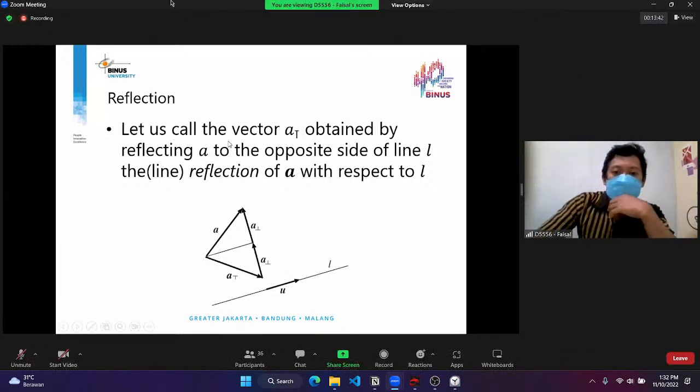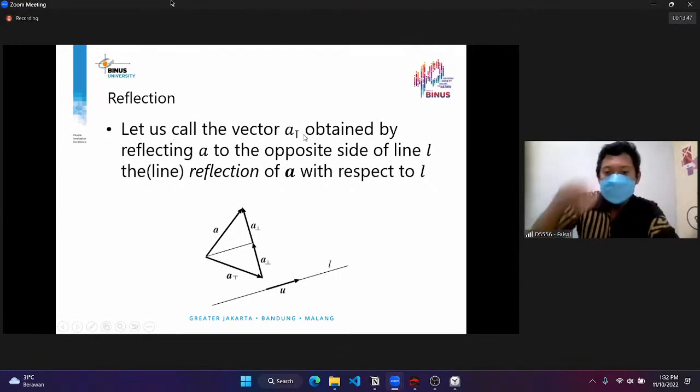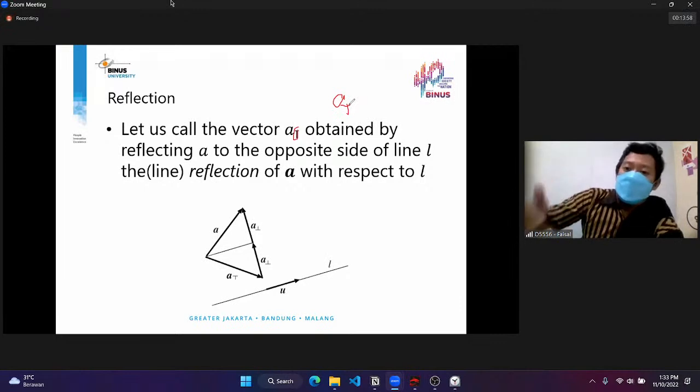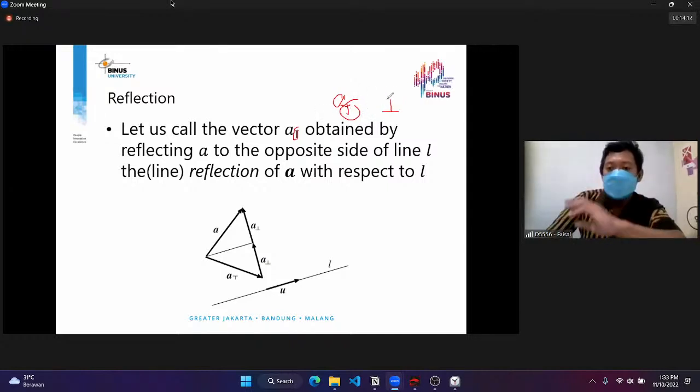So let us call the vector A with this subscript, a symbol like T, which means the reflection of the orthogonal symbol. The orthogonal symbol is like this, but here we reflect the orthogonal symbol.